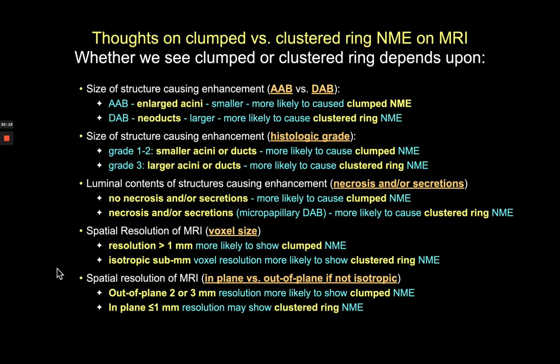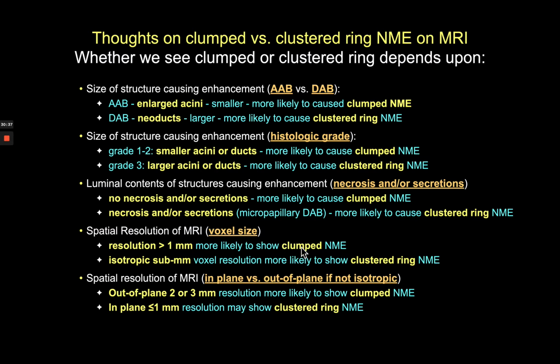The spatial resolution of the MR makes a difference. If we have isotropic submillimeter voxels, we're far more likely to see clustered ring, whereas if we have autoplane resolution that's 2 or 3 millimeters, we're more likely to just see clumped.